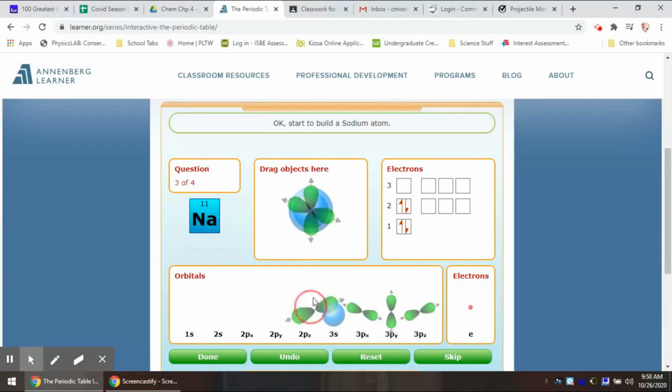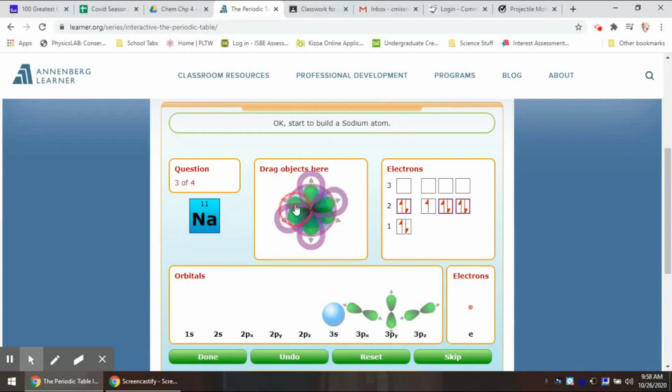And notice they're going in different directions for those different orientations. So we've used 4 of our 11. We're going to put 1 in each. 5, 6, 7. And then now we can go back and double up. 8, 9.